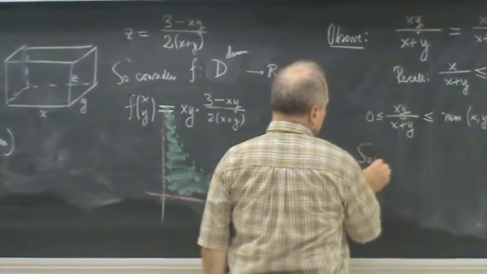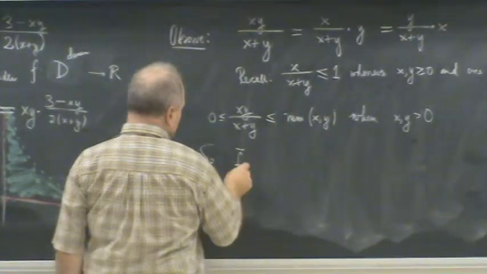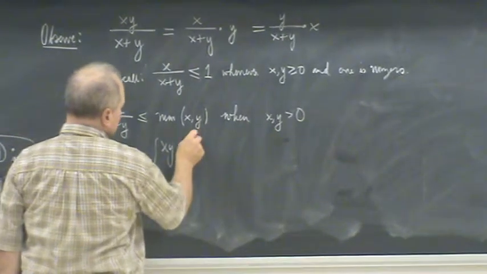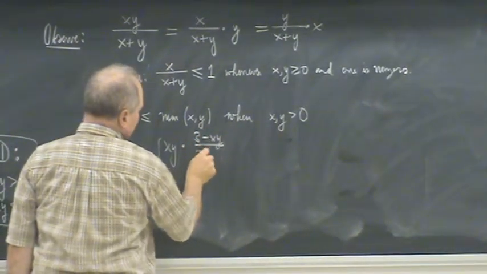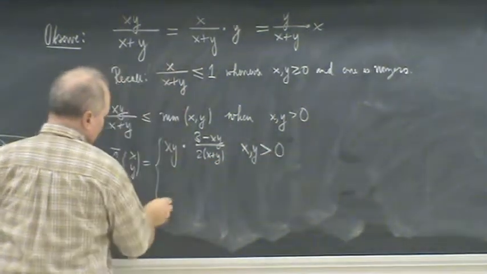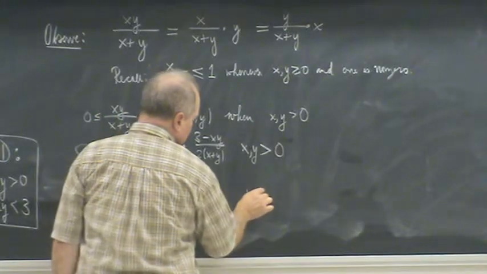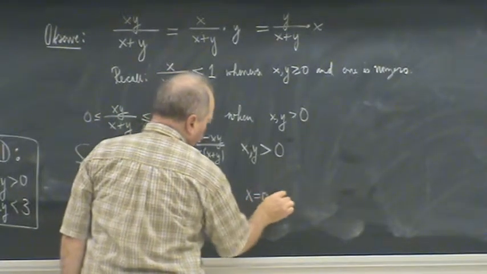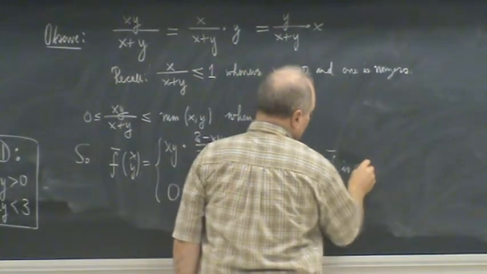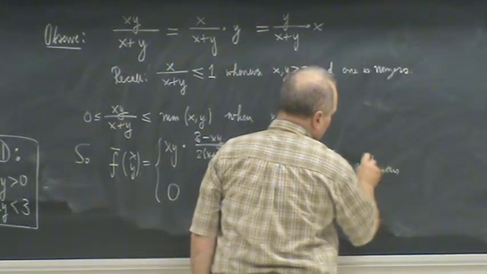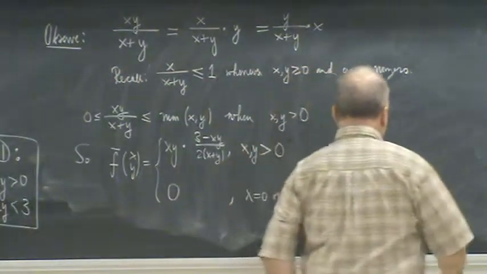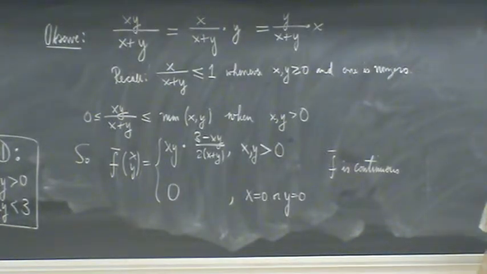So if you said f bar of xy, which is the function xy over x plus y when x and y are positive, and 0 when x equals 0 or y equals 0, this function is continuous. Okay?